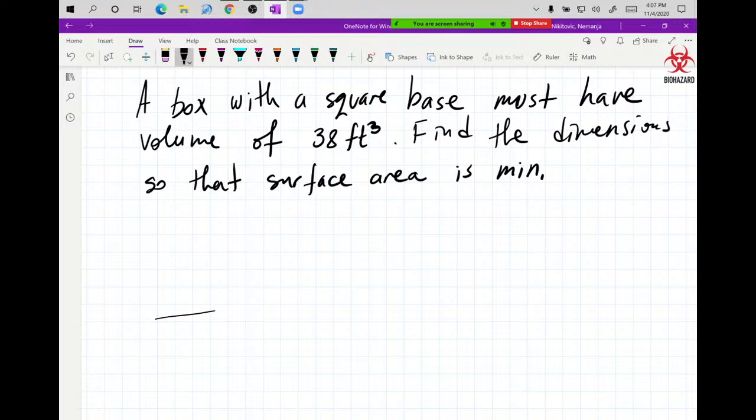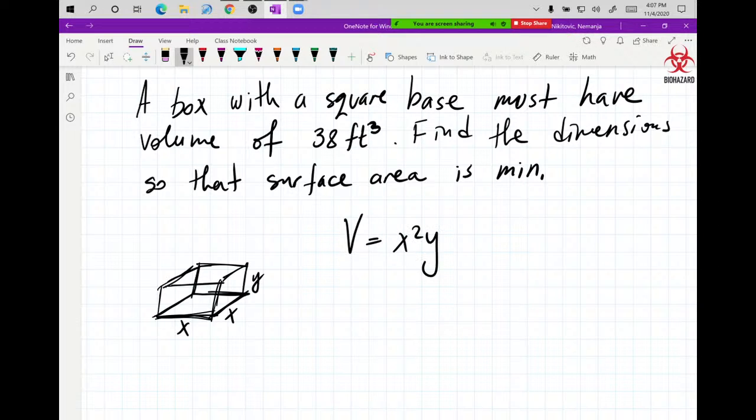We have our box here, so this is the box, and this box has a square base, and it will have whatever the height. Now volume is given by x times x times y, which is x squared y, and that has to be pinned at 38.